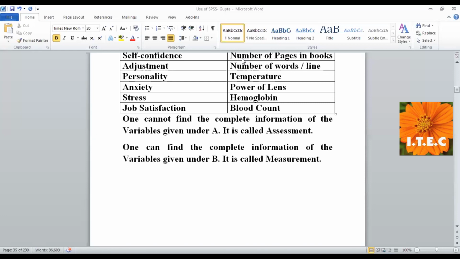So that is the sampling error. And in social science, you have the sampling error much more than in the pure science.